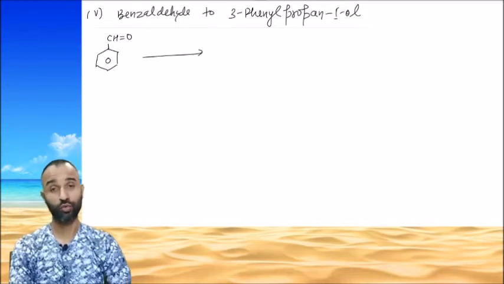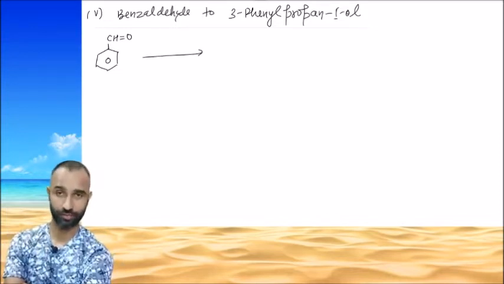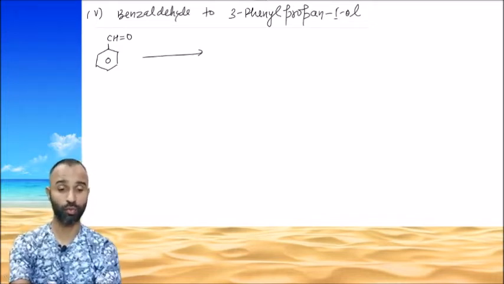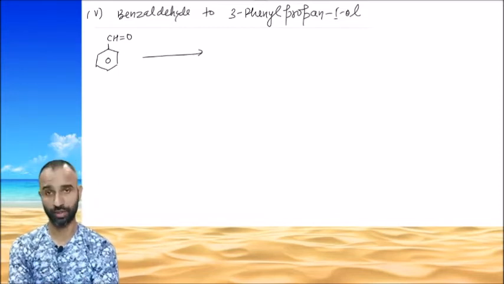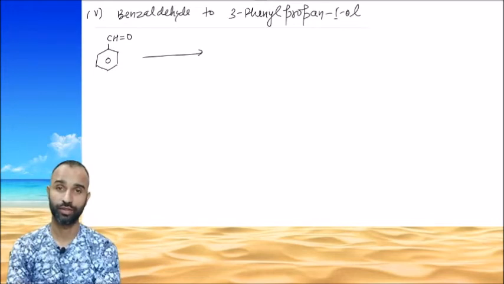To increase 1 carbon, we can use Grignard reagent. Even to increase 2 carbons, we can use it, but in that case, we get OH group on the benzylic carbon, but we need OH on the last carbon.